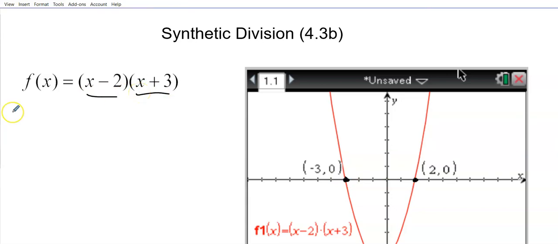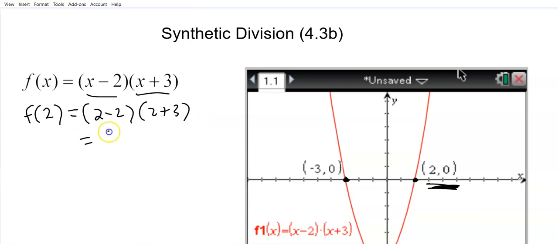I just want to make sure you make this connection because it might help us. So let's say we plug 2 into this function, f of 2. If you look at that ordered pair, you might know the result, but if you don't, that's okay. So this would be 2 minus 2 times 2 plus 3, which is 0 times 5, which is 0. Well, that's interesting.